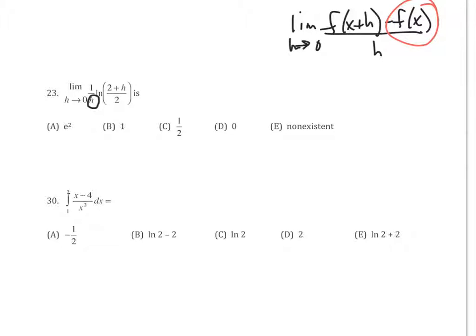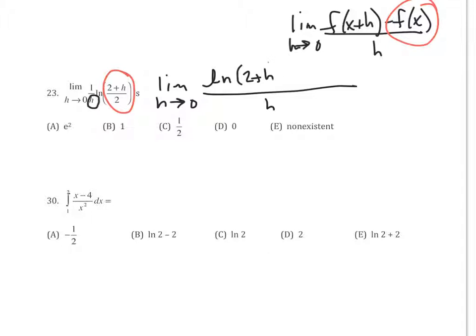So can we rewrite this, where we kind of know where we're trying to head towards? Well, we have the limit as h goes to 0. We have the h on the bottom, so that's good. When we have ln of a fraction, we can write that as subtraction: ln of 2 plus h minus ln of 2.